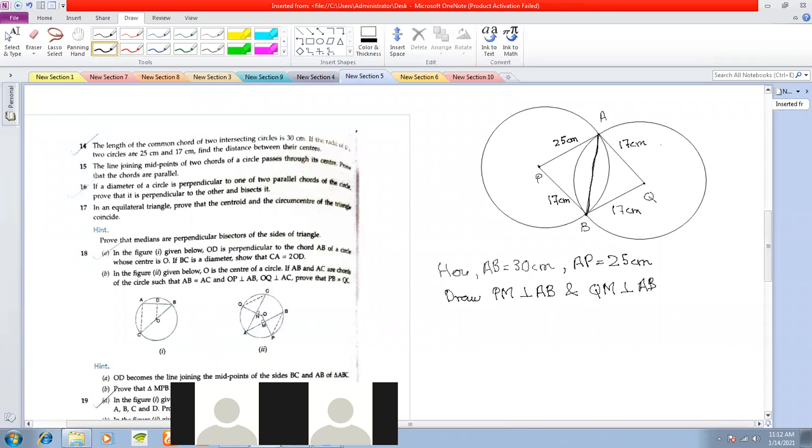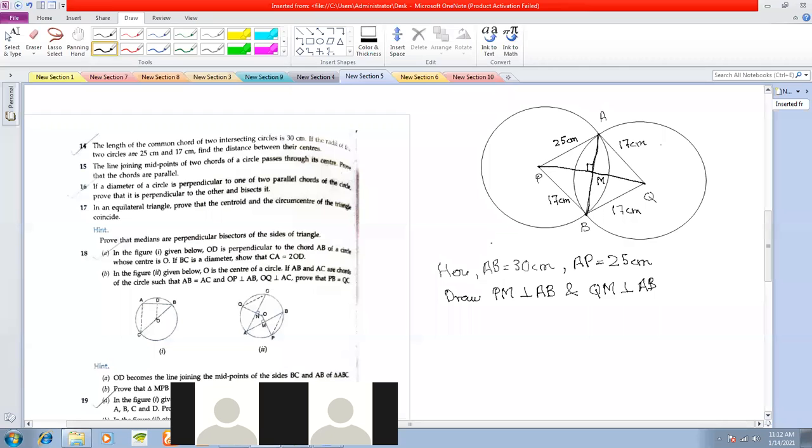So if I draw here a straight line which is perpendicular, and if I draw here, okay, PQ will be the distance between the two centers.